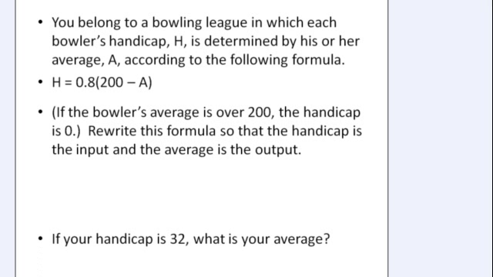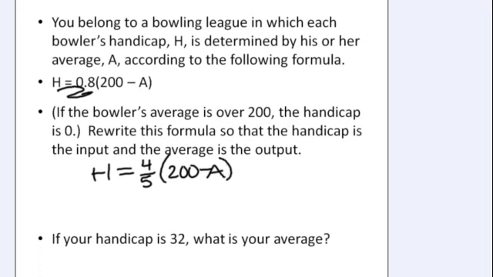Well, I could start by either distributing the 0.8 to the 200 in the a, or I could start by dividing by the 0.8. Actually, I'm going to think of 0.8 as 8/10, which would be 4/5. So I'm actually going to think of it as 4/5 times 200 minus a.